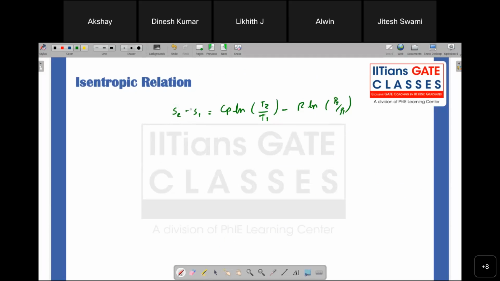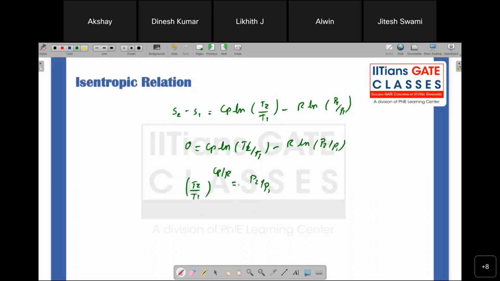So this term becomes 0, equal to Cp ln T2 by T1 minus R ln P2 by P1. If I rearrange this term, that becomes T2 by T1 to the power of Cp by R should be equal to P2 by P1, right?